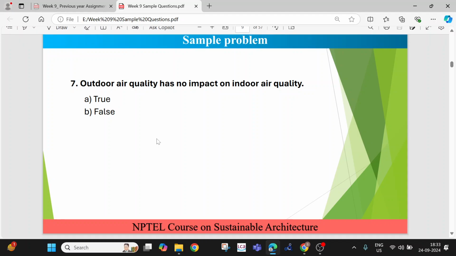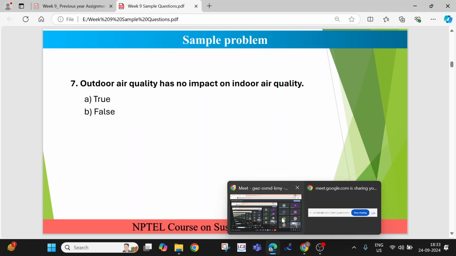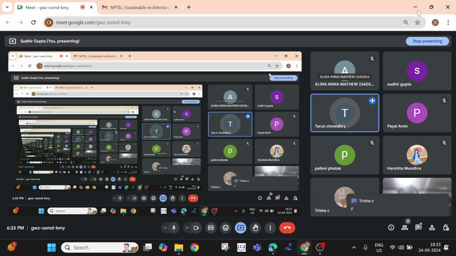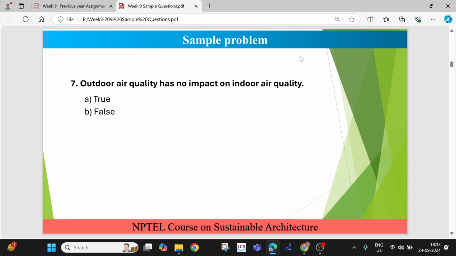So can anybody explain to me how this is false? How far do you understand? The outdoor air quality which is entering a building. Yeah.